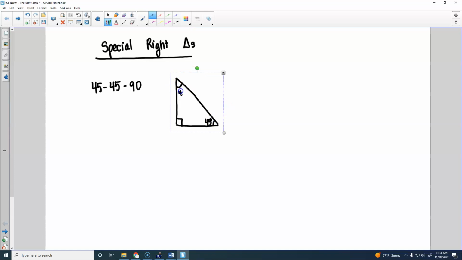So if you have a 45, 45, 90 triangle, these two sides right here, I don't know what they are, but I know they're equal to each other, because the angles across from them are equal. The length of the hypotenuse is always the length of the side times the square root of 2.